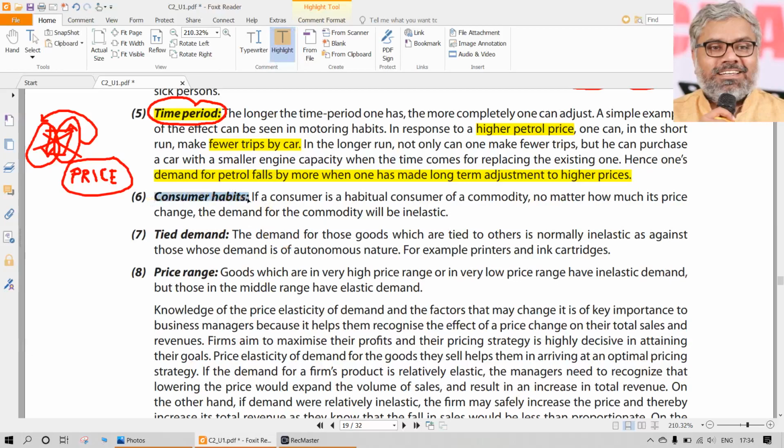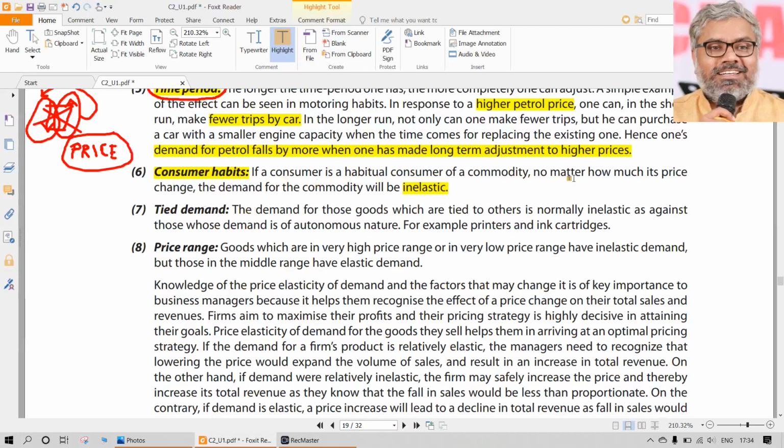Of course, consumer habits is a natural point. If the consumer is a habitual consumer of a commodity, and the price changes, the demand for that commodity will generally be inelastic. Particularly, let us say, tobacco products like cigarettes. If somebody is habituated to that, irrespective of the change in the price, usually the prices of cigarettes change every year.